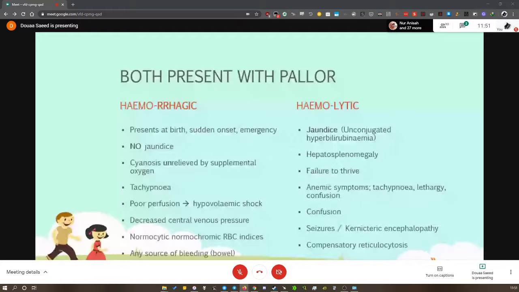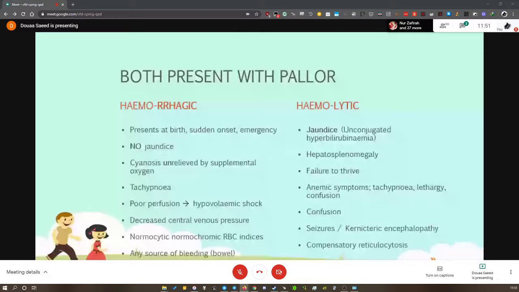In hemorrhagic, there can be cyanosis that is unrelieved by supplemental oxygen. There will be poor perfusion or signs of hypovolemia. There can be decreased central venous pressure, normocytic, normochromic RBCs in this, and you will have to look for any sources of bleeding, such as the bowel.